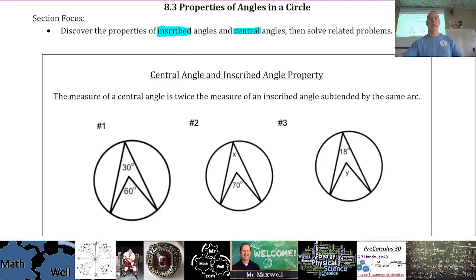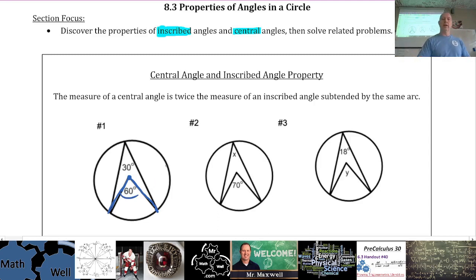All right. So, the measure of a central angle. The central angle is the angle that is made by two radii, right? The vertex is the center of the circle, and the arms or the rays of the angle are radii, or two radiuses. So that's the central angle right here.